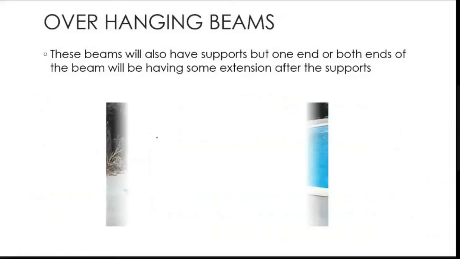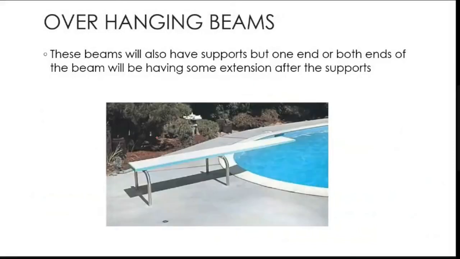Next, overhanging. You can see it has two supports like a simply supported beam. When I consider up to this part, it's a simply supported beam. But if I extend this as a cantilever, free on the other side, then we call that an overhanging beam, right?